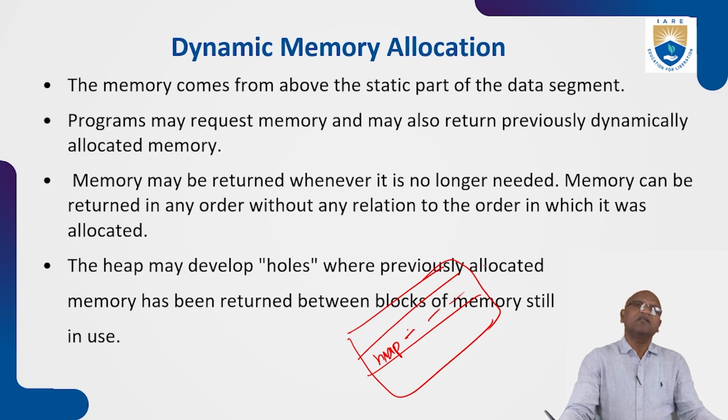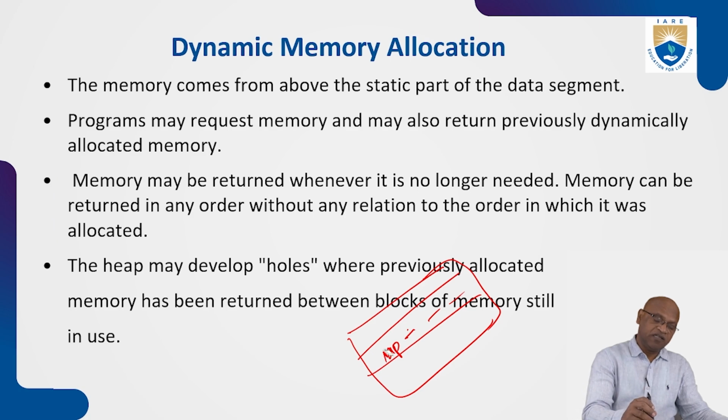When a method is to be executed, the program will request the OS to allot the memory. The memory will be allotted by the OS for that particular method, that process. Whenever the method is completed, that memory is released, and this is nothing but a free space or hole.